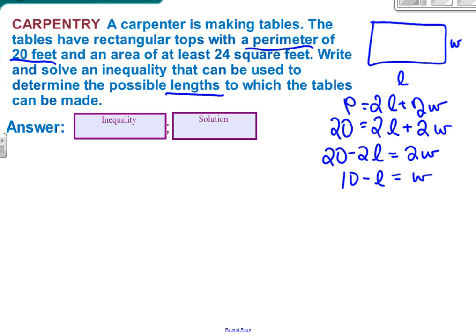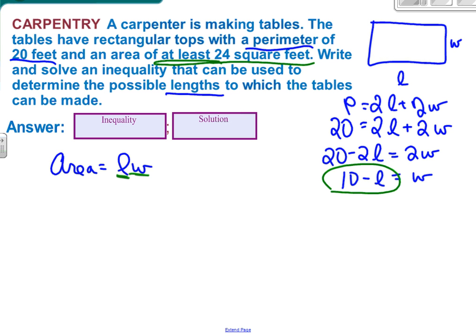And so area is length times width. The length is just going to be L, and the width is going to be 10 minus L. And actually, I'm going to rewrite this because we know our area has to be at least 24 square feet.